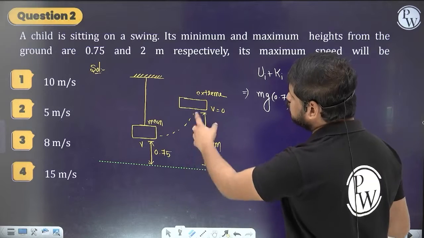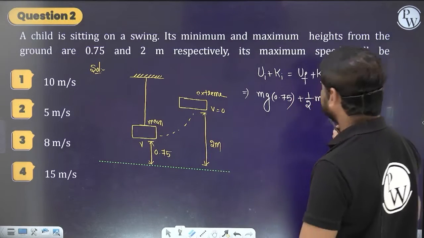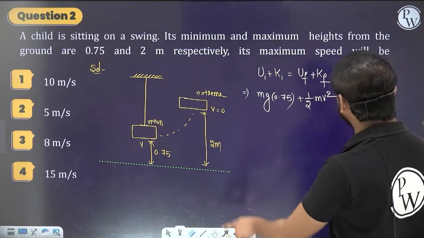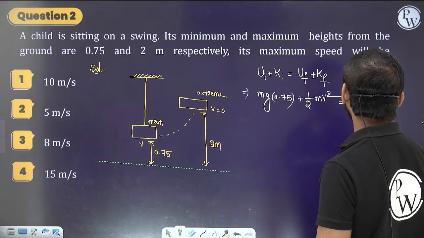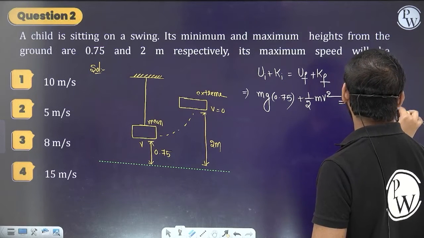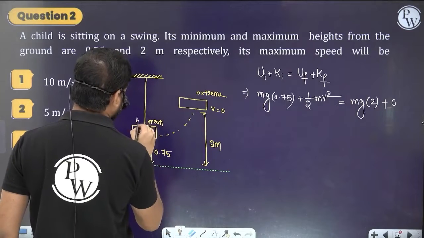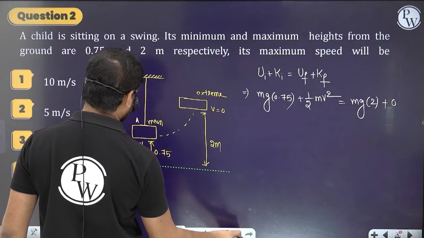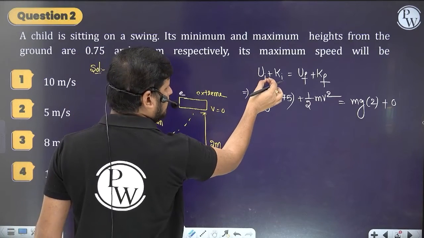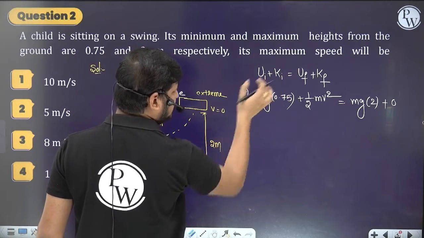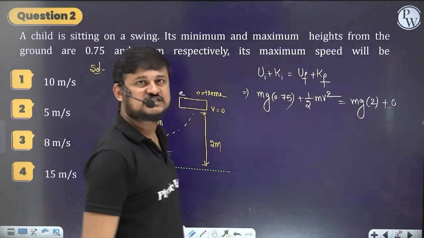The final potential energy, when it goes to this place, will be mg into height h, which is 2. And the final kinetic energy when it goes to this place is 0. Yes or no? I am considering this is the mean position and this is the extreme. You can write U mean plus K mean is equal to U extreme plus K extreme. You can do it that way.